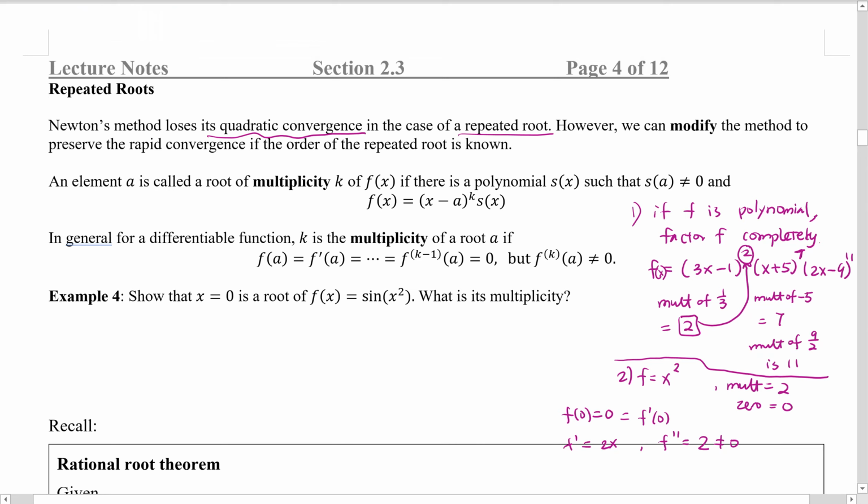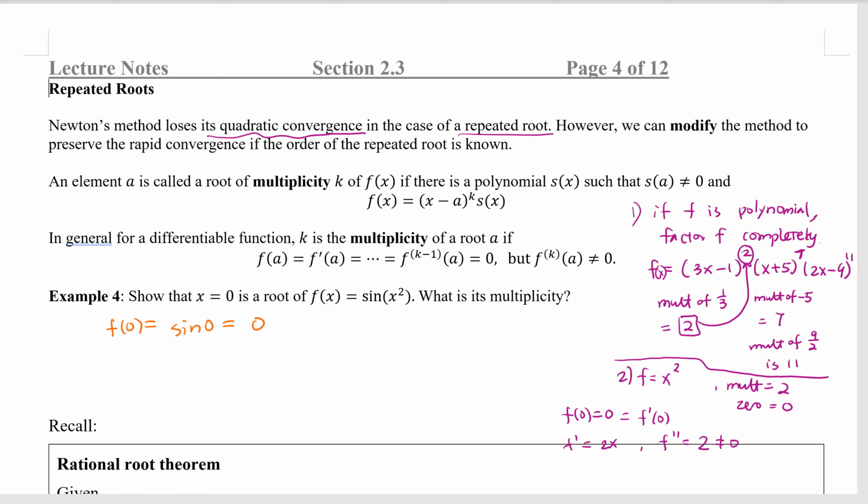So example 4, show that x equal to 0 is the root of f of x equals sine x squared. What is its multiplicity? Okay, so now let's see. F of x is sine x squared. And how do we test whether it is a root? We plug in 0. And then we have sine of 0 is 0. Yes, it is a root.